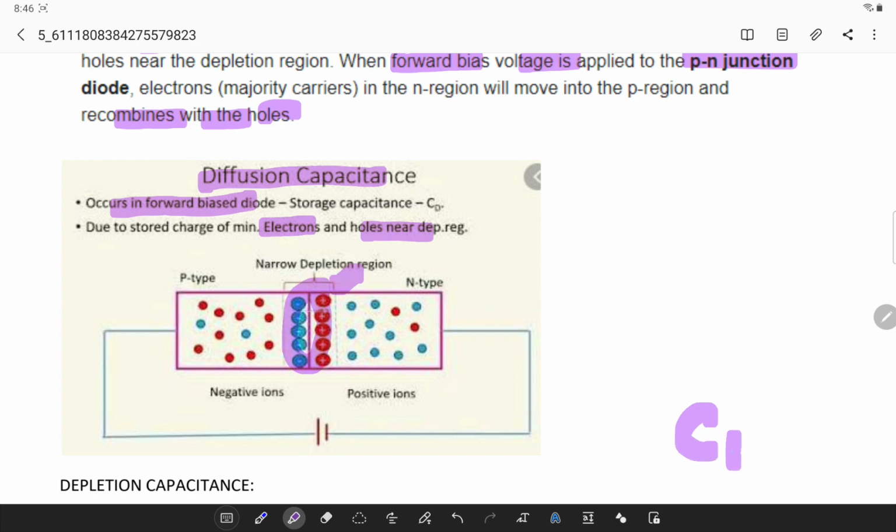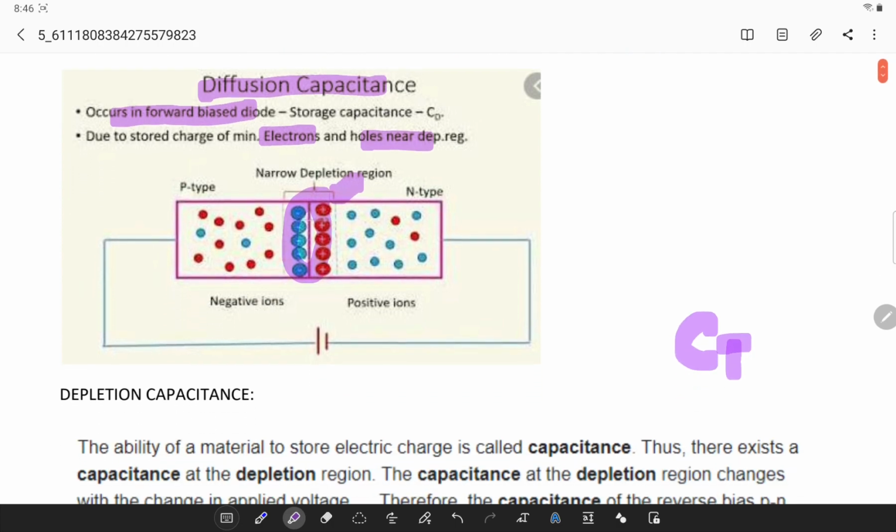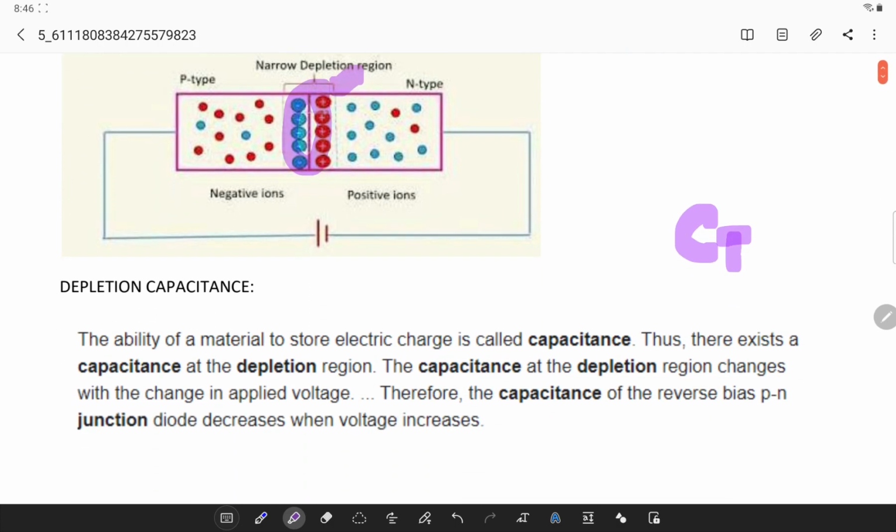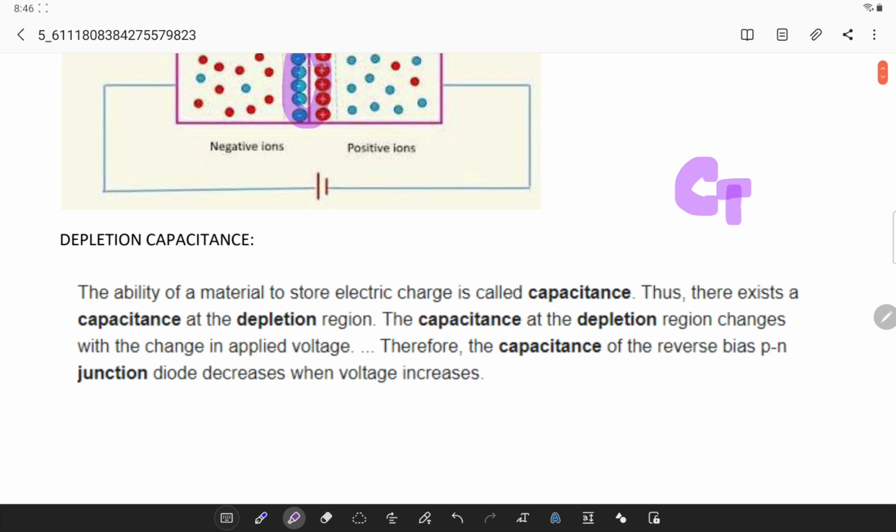Also, we have space charge capacitance or depletion capacitance, which is basically in reverse bias. If you remember a capacitor, the capacitance is proportional to epsilon A by D, where D is the distance between the plates.